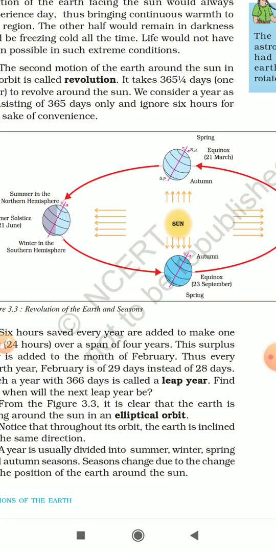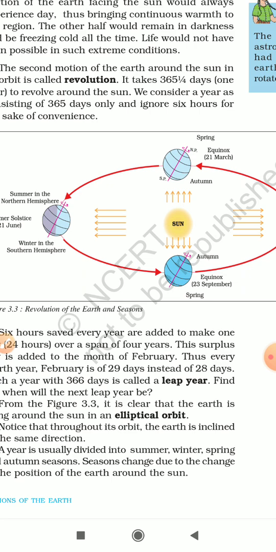So during this time, the rays of the Sun fall directly on the Tropic of Cancer, and the Tropic of Cancer, as we studied in the previous chapter, falls in the northern hemisphere. As a result, these areas receive more heat.